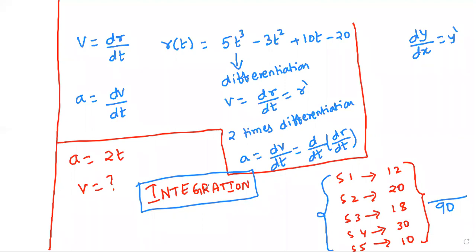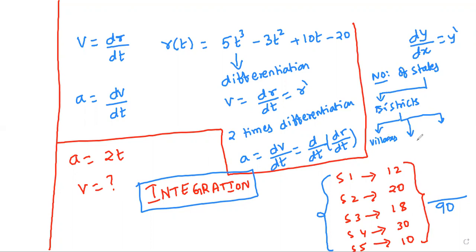Firstly, they will consider the number of states, and each state will have districts, and each district will have villages, Zilla Parishads, ZPs, municipal corporations, or mandals.